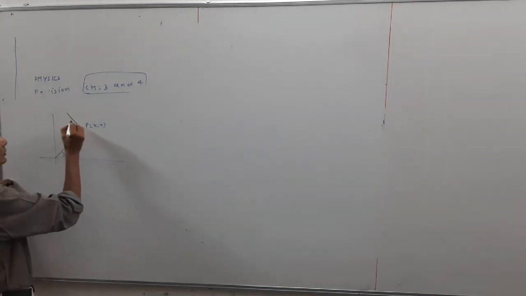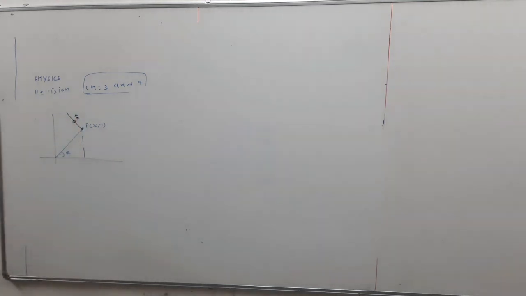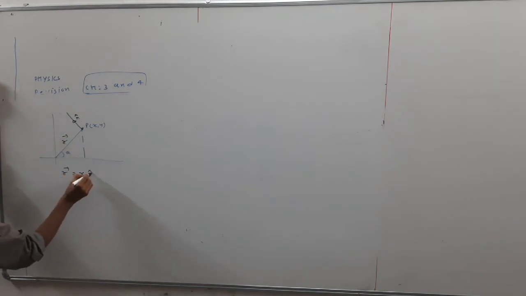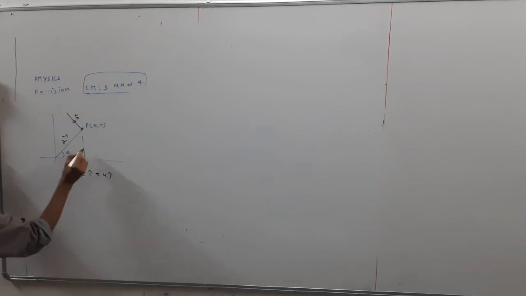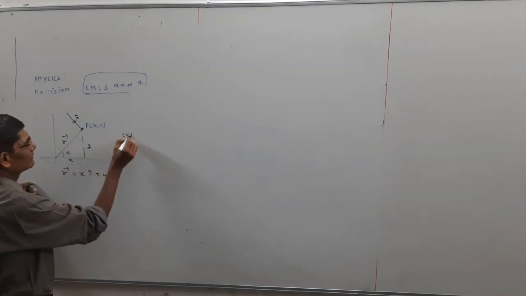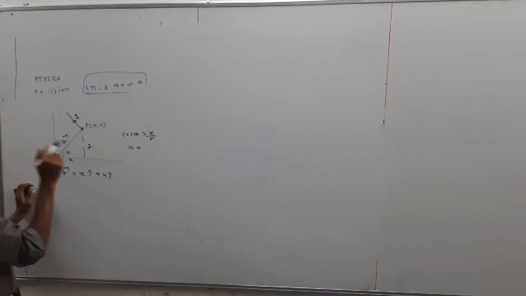We have to find the unit vector n caret which is perpendicular to the given vector. This is our vector r. Now r is equal to x i plus y j, with x component and y component. Cos theta is x upon r, so x is equal to r cos theta.